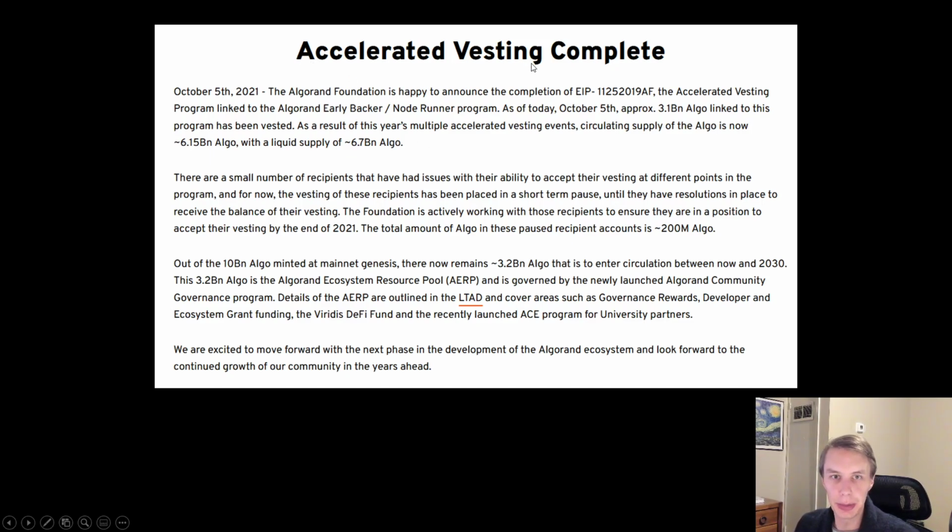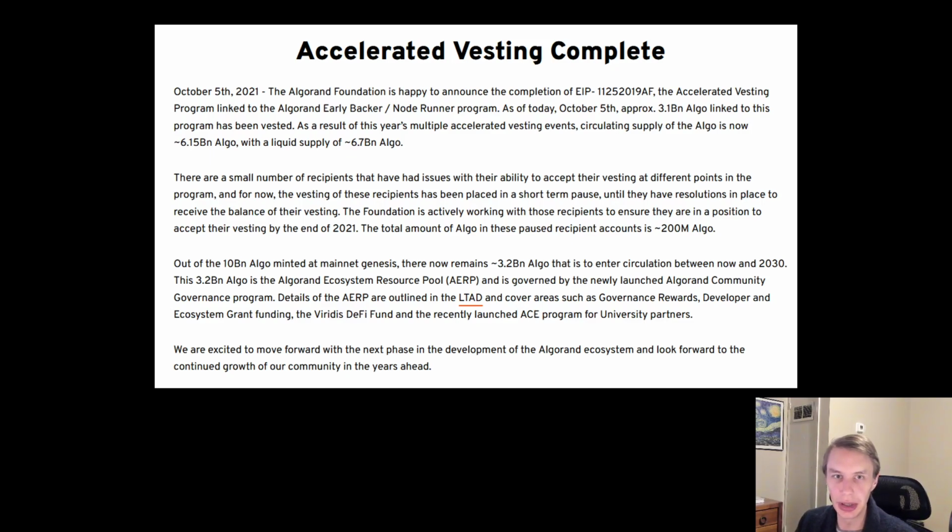So essentially, there's a broader backstory, but there was a resolution that got passed with Algorand where, in exchange for their early financial support, early backers agreed to delay how quickly they'd get their full allotment of Algorand.